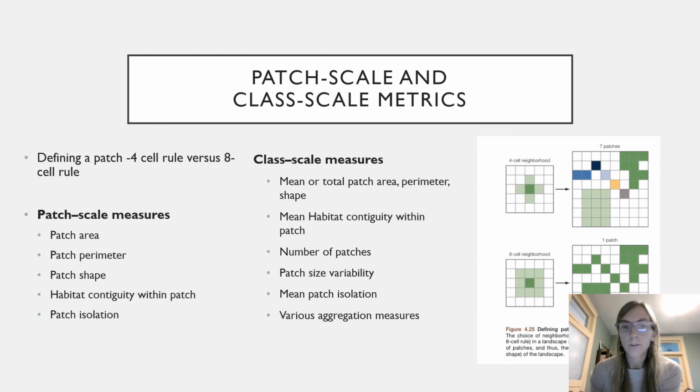The same is true for habitat continuity, and then for number of patches. We might measure patch size variability within a larger landscape area, mean patch isolation, or various aggregation measures. And you guys can take the time to read through some of those in the book.